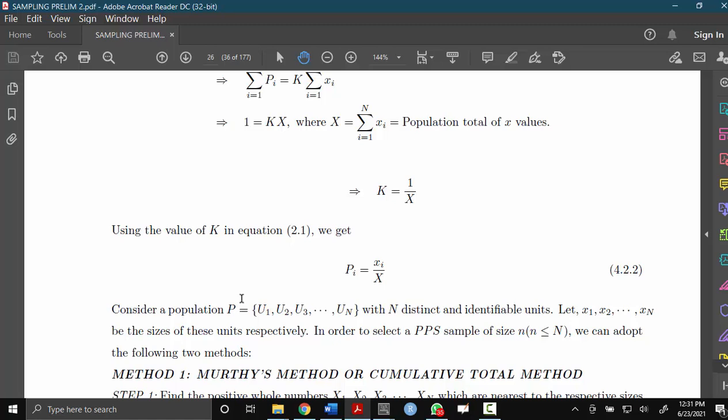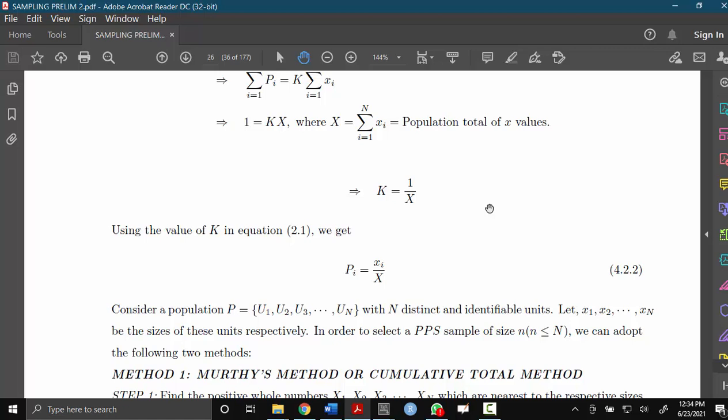If we consider a population with N units, U1, U2, up to UN, which are distinct and identifiable units, and X1, X2, up to XN are their sizes respectively, we can select a PPS with replacement sample by using two methods.